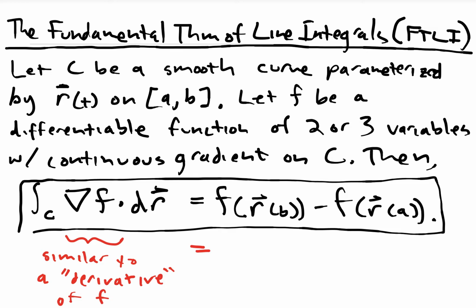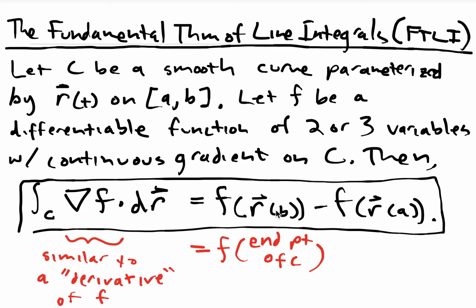And in Calculus 1, whenever you went to evaluate a definite integral, you would antiderive, and then you would plug in the endpoints for your interval. Well, if we antiderive, with finger quotes, to get a little f, and then plug in the endpoints, well, we don't have endpoints of an interval, we have endpoints of a curve to worry about. So what I'm really looking at here is my ending point of this curve C, r of b.